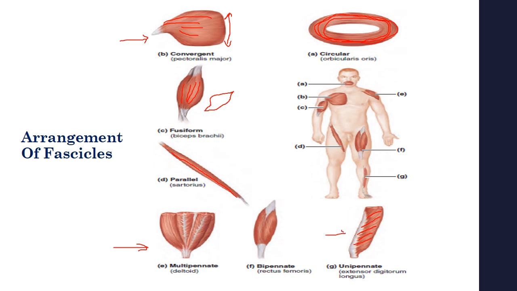So they attach to one common central tendon, which is going to run parallel to the length of the muscle. So when you have the attachment occurring on both sides, then we call it bipennate. Just one side is unipennate. And when you have multiple of them attaching together into a single tendon in the middle, then we call that multipennate.